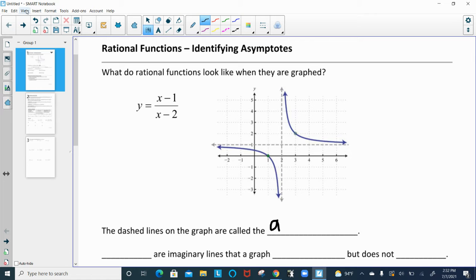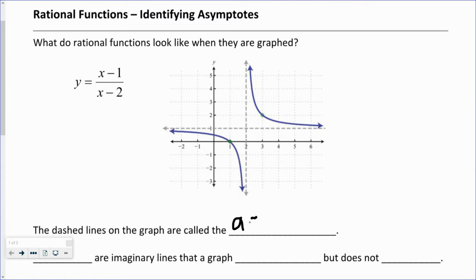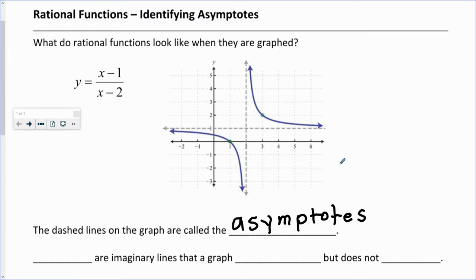Those are called asymptotes. Now, hopefully you do remember learning about them in Algebra 2, and you probably discussed them here and there, maybe occasionally in pre-calculus, but I just like to go over them.